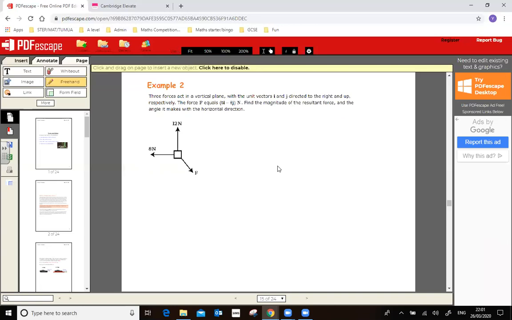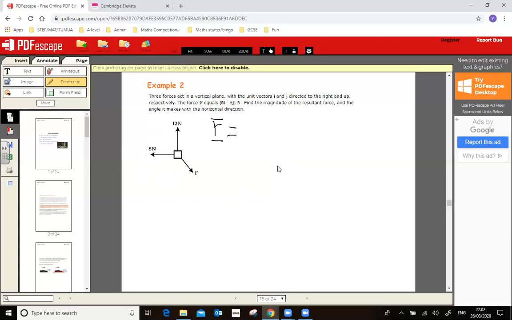Right, so you can see everything's been written in vectors now. Okay, so let's start with our force. So we're going to use the i and j form. So our resultant force F equals, so we just need to add all those forces together and everything needs to be written in vector form.